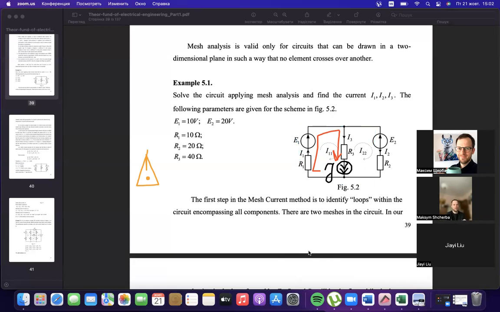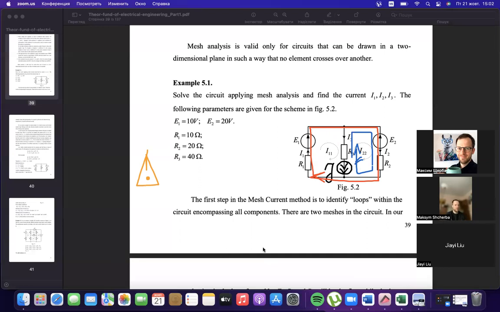Or in the second variant, if we are equalizing I2 to J, then we should choose the first mesh as the outside circle, because J shouldn't be inside the equations that we are calculating for some circle.